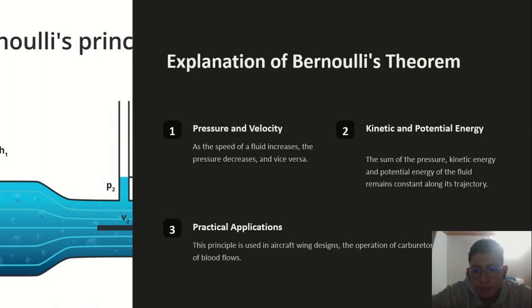Kinetic and potential energy: the sum of pressure, kinetic energy, and potential energy of the fluid remains constant along its trajectory. A practical application: this principle is used in aircraft wing design, the operation of carburetors, and the analysis of blood flow.